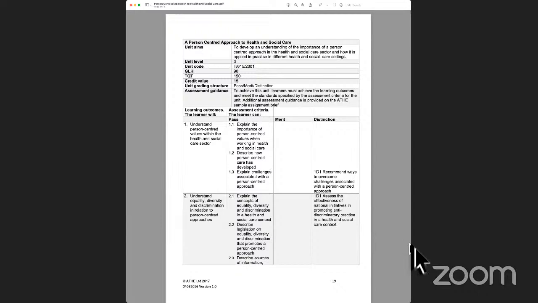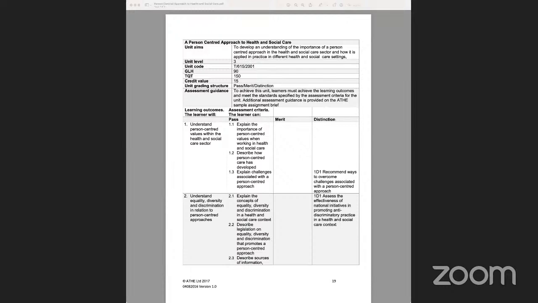Then we will go into the discussions on learning outcome 1. One of the things we look at is: what is the person-centered approach? When we talk about the health and social care sector, and about providing care to people or patients or anybody getting services, whether it's a hospital, surgery, community center, pharmacy, or any other setting, one of the key concepts is the person-centered approach.